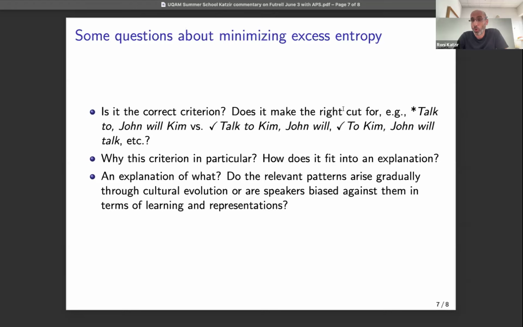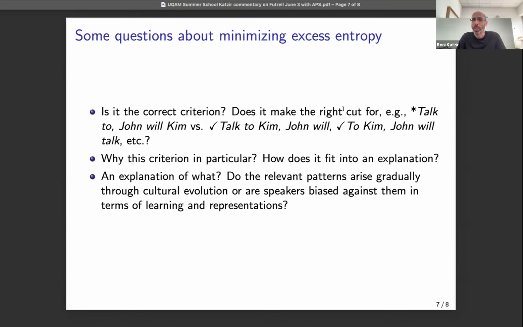And so the first question would be whether minimizing excess entropy makes the right cut in this case. The other thing, more broadly, is why this particular criterion, and I know that there were other proposals, information-theoretic and otherwise, but which of these is or are the correct proposals?